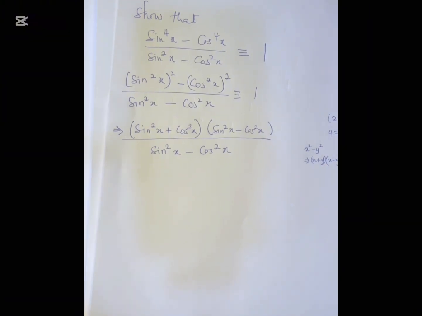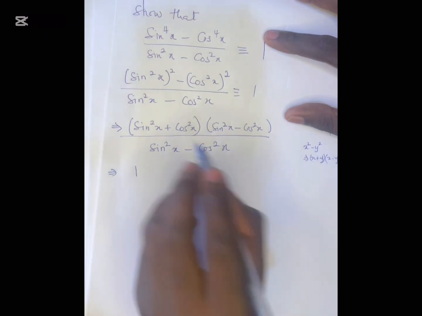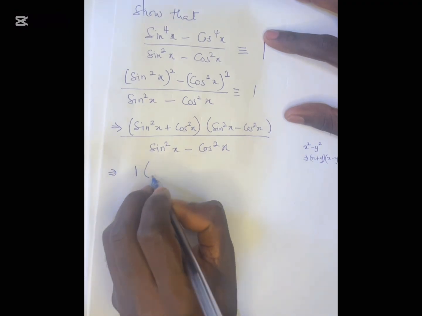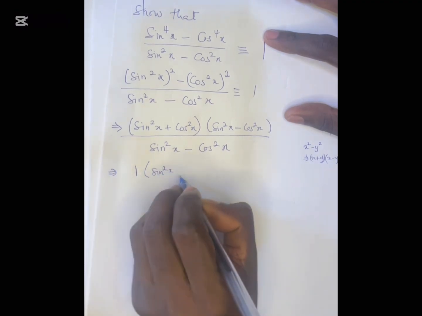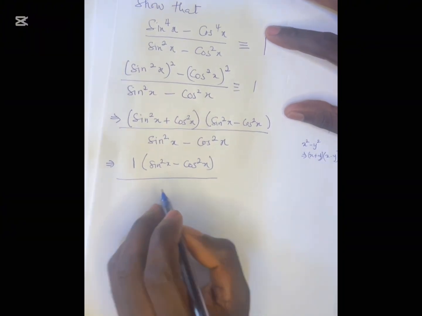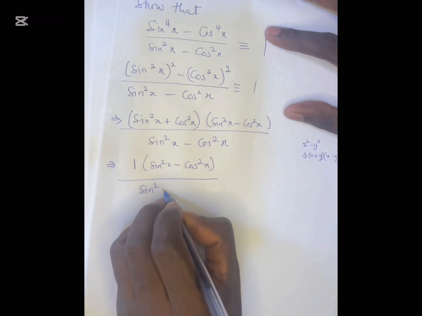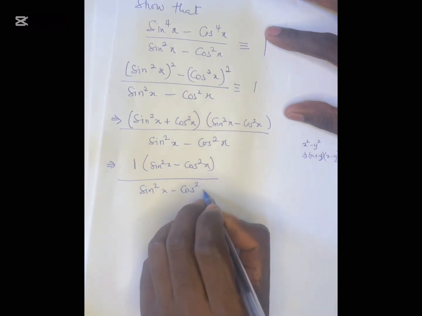Now, the first bracket is sin²x + cos²x, and our identity says that sin²x + cos²x is equal to 1. So this whole thing changes to 1, and we have 1 times (sin²x − cos²x) on (sin²x − cos²x).